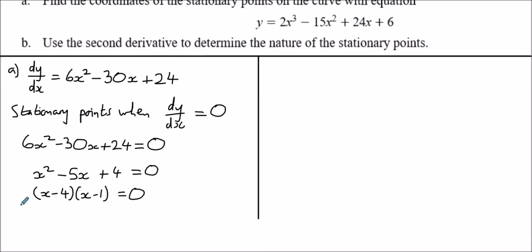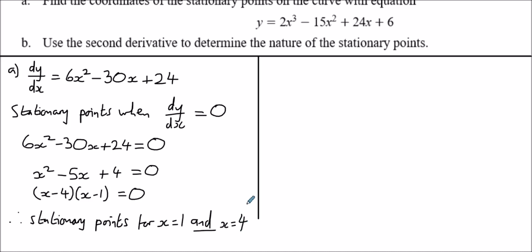Therefore, we've got stationary points when x is 1 and when x is 4. So 2 different stationary points.